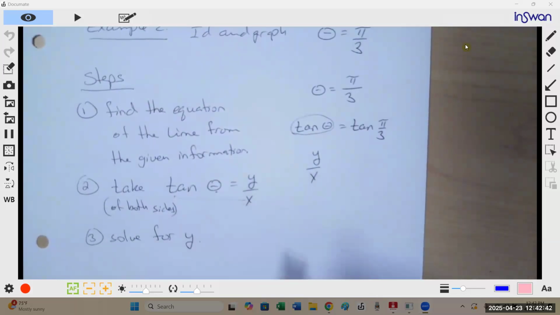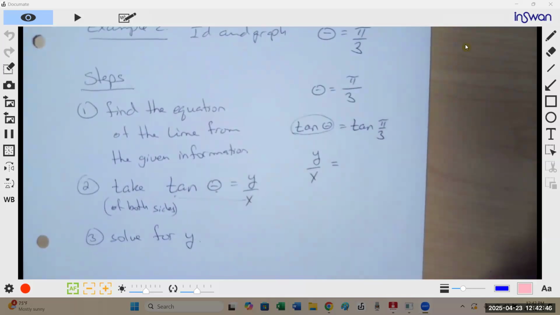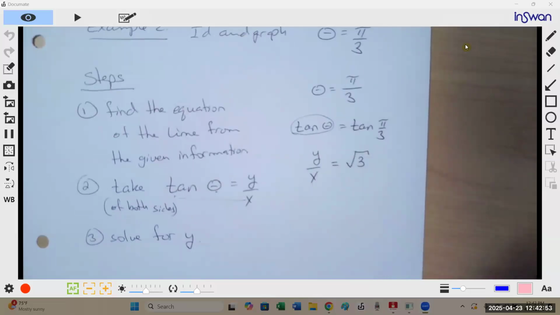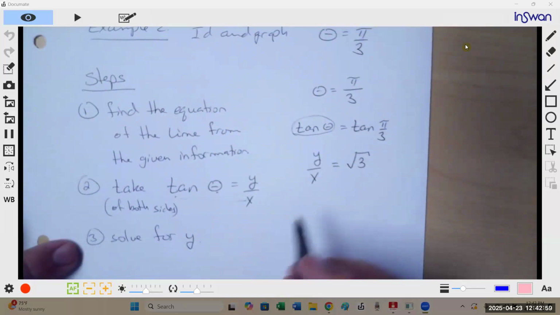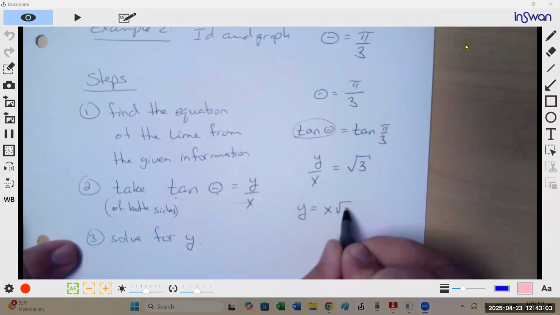Y over x. That's what we put there. What is the tangent of pi over 3? Radical 3, very good. And then solve for y. So y is equal to x radical 3.